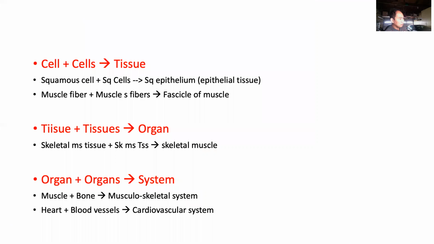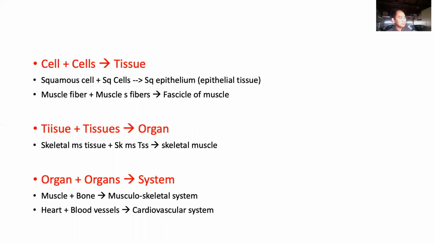We talk about cells. We have talked about squamous cells. A cell plus many other cells will make a tissue. Tissue plus many other tissues will form an organ. Organs plus other organs will form a system. We know that. So where is the equivalent of the squamous epithelial cell in skeletal muscle?